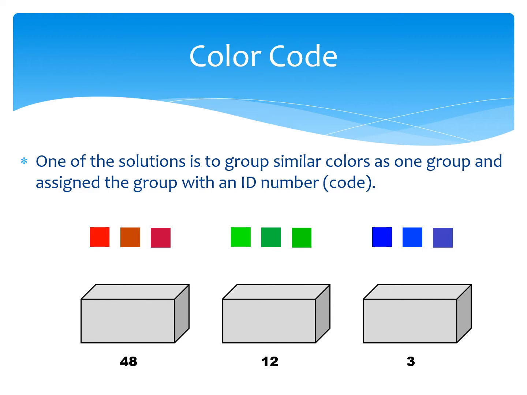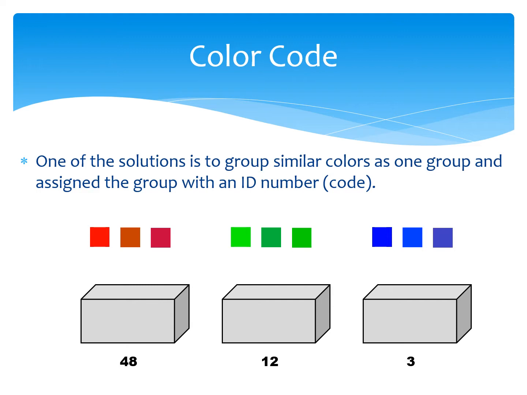To reduce the number of bins, one solution is to group similar colors as one group and assign the group an ID number, which is known as color code.